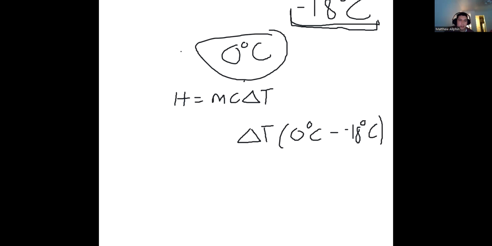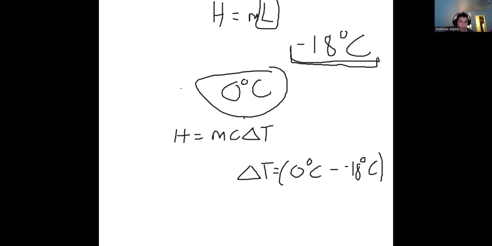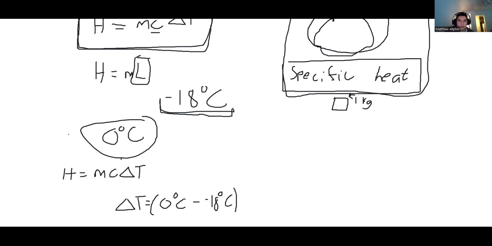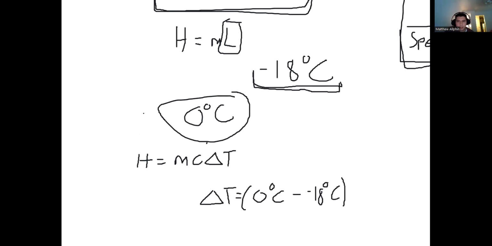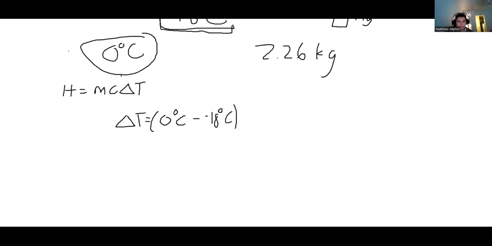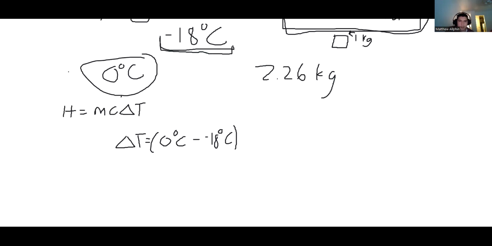That's my change in temperature. Then my mass, I didn't write that down. I think it's 2.26 kilograms. I need to write that down. 2.26 kilograms, like that, right? So my mass is equal to that.